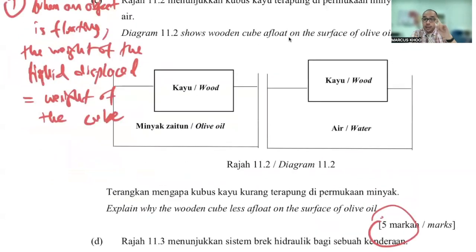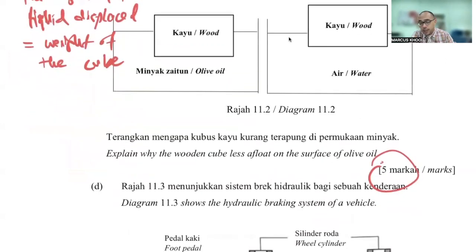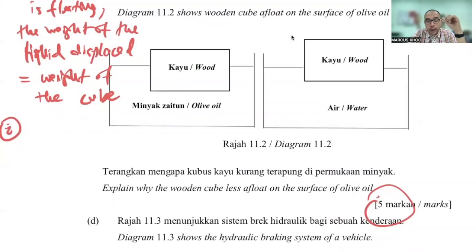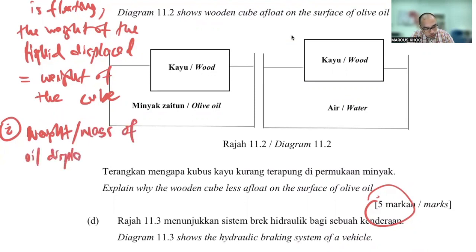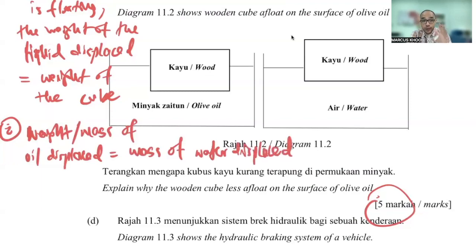This is the most important thing. The weight of the entire cube itself is equal to the weight of the water displaced. Once you've established that, since both situations have the same weight of the cube, you can also say that the weight, or the mass, of the oil displaced is equal to the mass of the water displaced. Same displacement because it is floating.